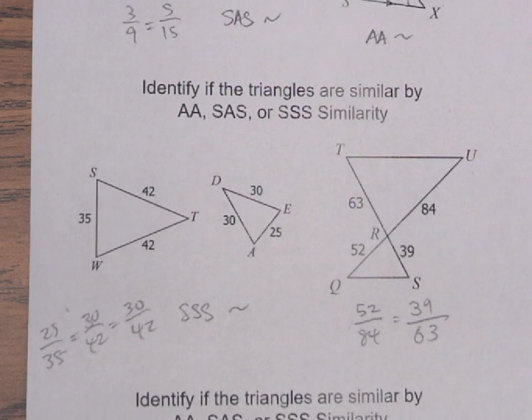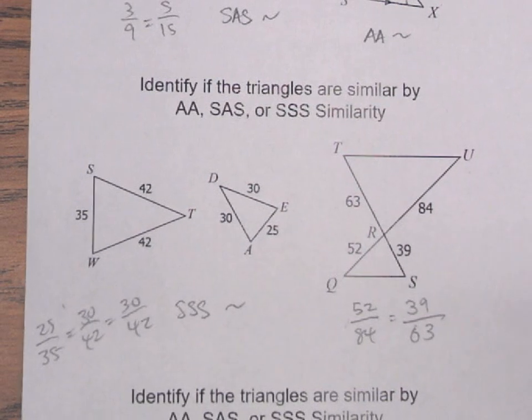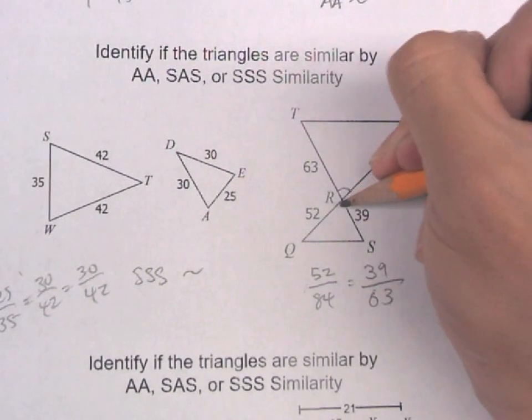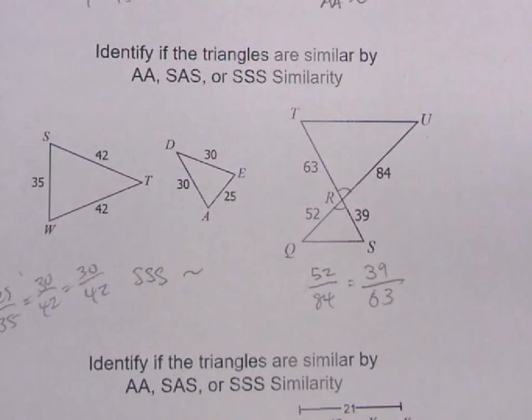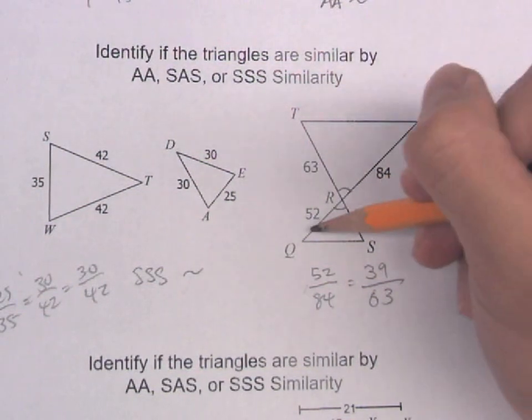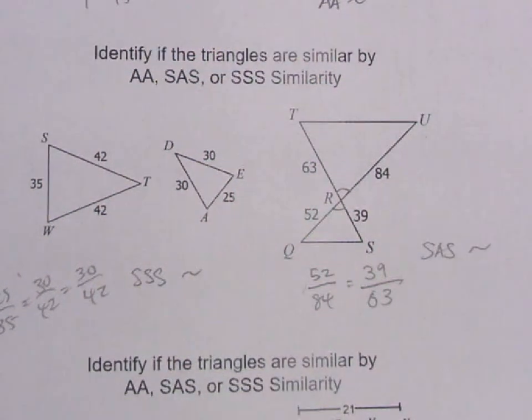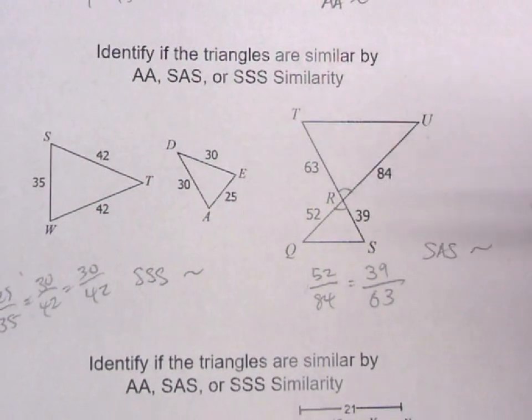Well anyway, 13 over 21. Yeah, okay. You can go ahead and try to figure that out if you want. What I see is that this angle here is going to be congruent to this angle, so these triangles are going to be similar by side-angle-side similarity. This angle is included between the two sides.